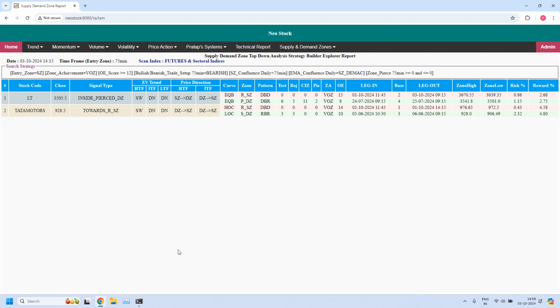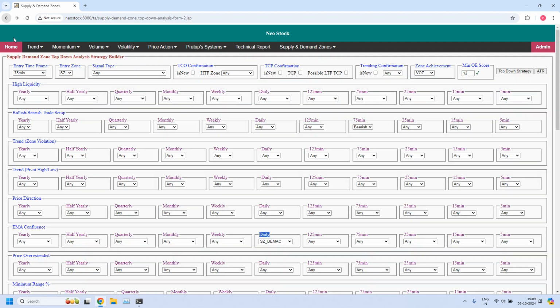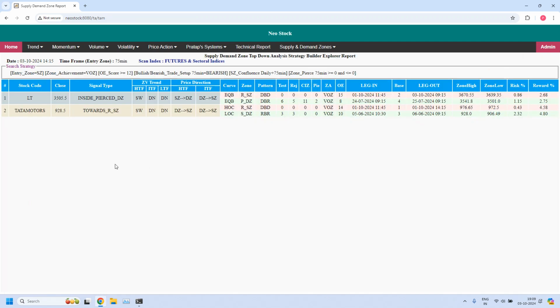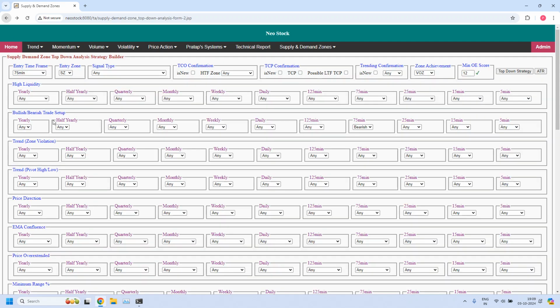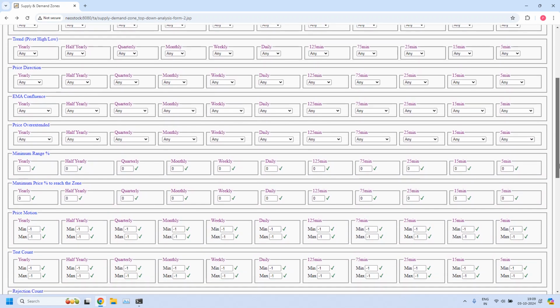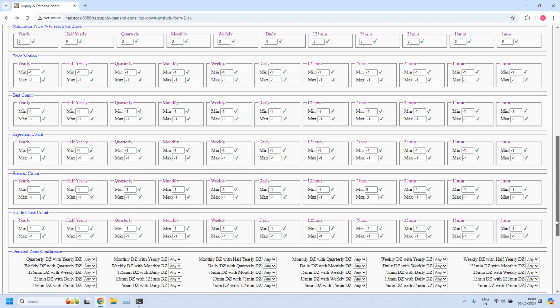Okay, next let us look for LTF, ITF and HTF confluence also. So I am going back, removing the EMA filter. Without the EMA filter, with only LTF and ITF confluence, we got how many? 2 stocks, both the same 2 stocks. Now, whether any of these stocks have even weekly supply zone confluence. Let's verify.